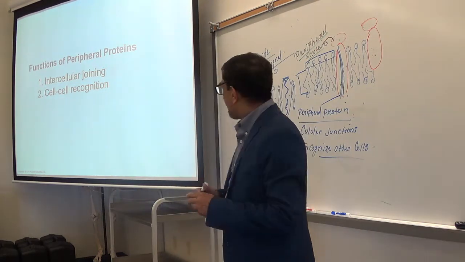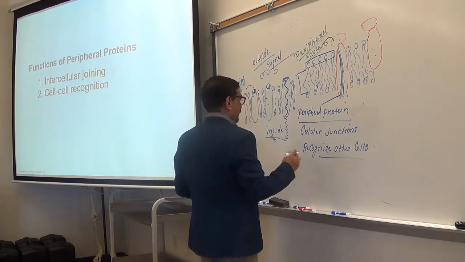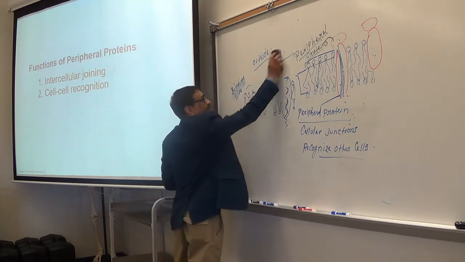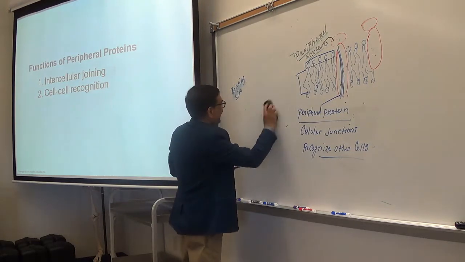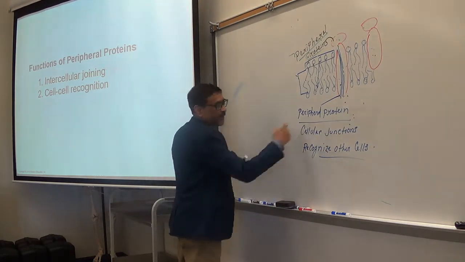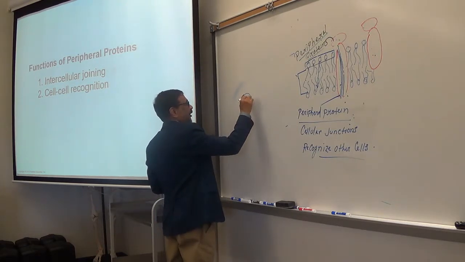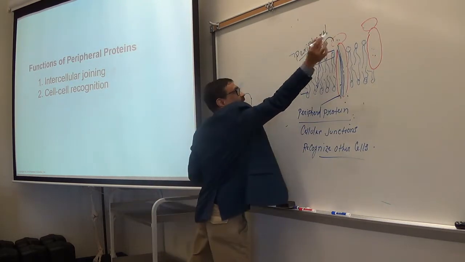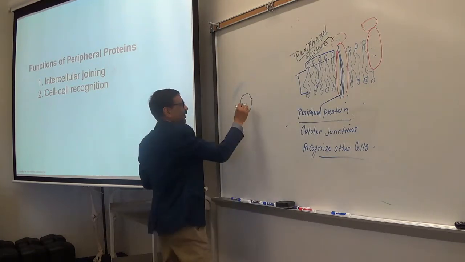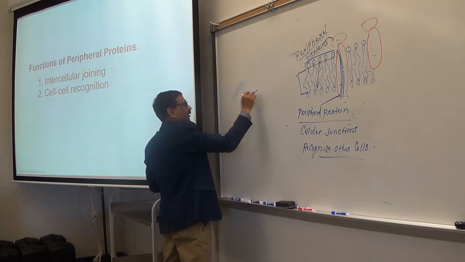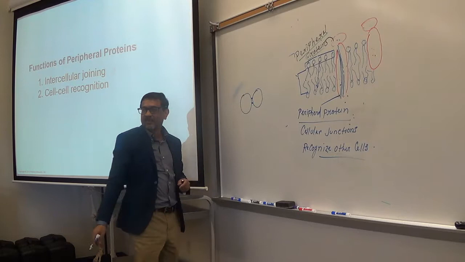Okay, so how do the peripheral proteins form the cellular junctions? So this is one cell, this is the cell membrane, you have the peripheral proteins on the outer side of the cell, okay, and this is another cell, with peripheral proteins. Make sense?